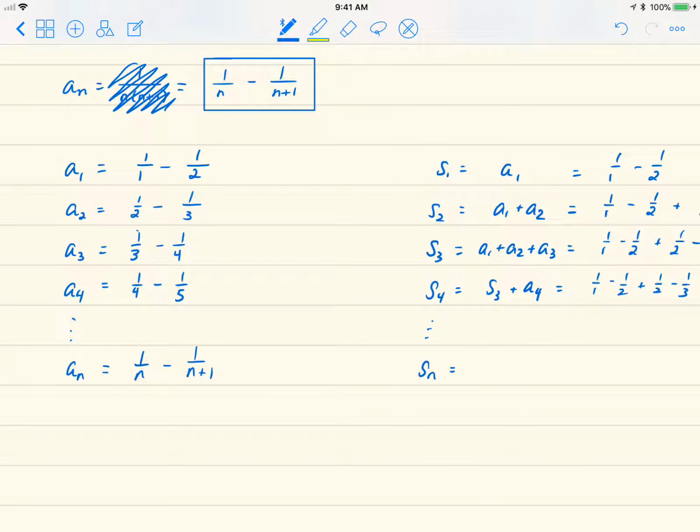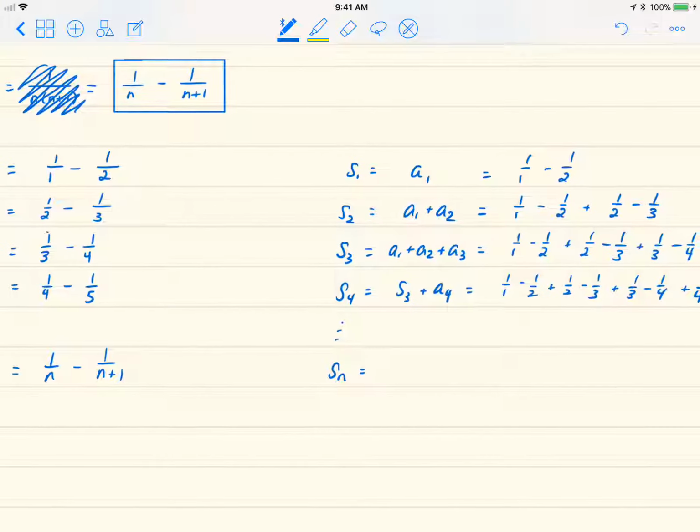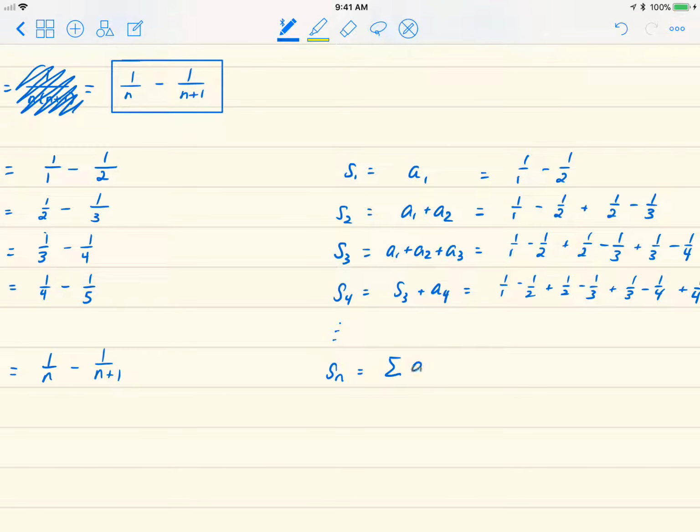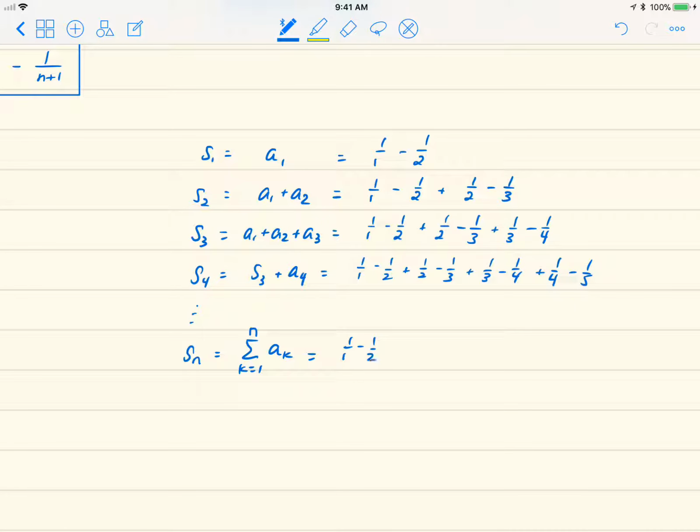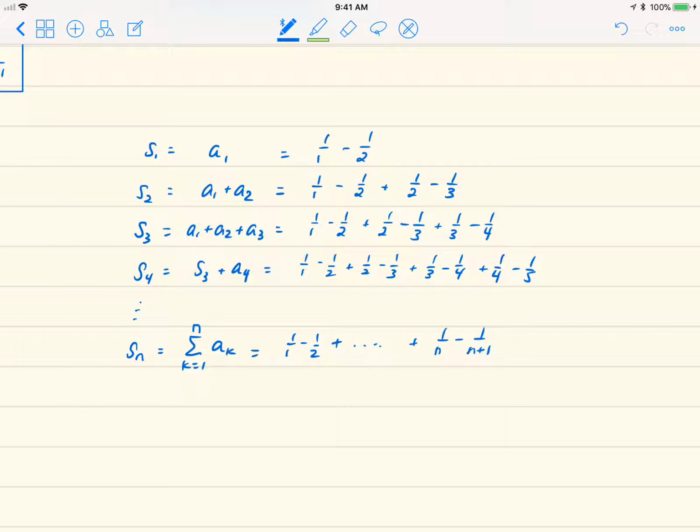And then for Sn, which would just be the sum of a sub k, k equals 1 to n, we'll get 1 over 1 minus 1 over 2 plus dot dot dot plus 1 over n minus 1 over n plus 1. Now let's see if we can find a pattern.